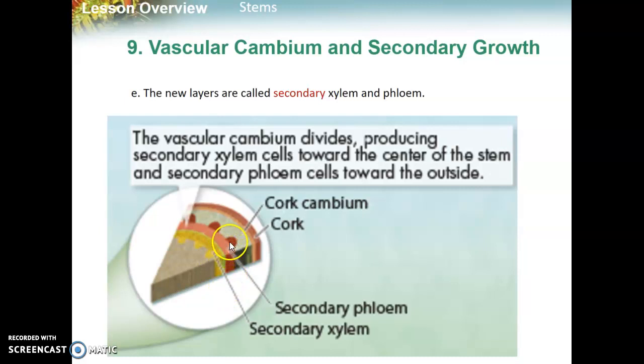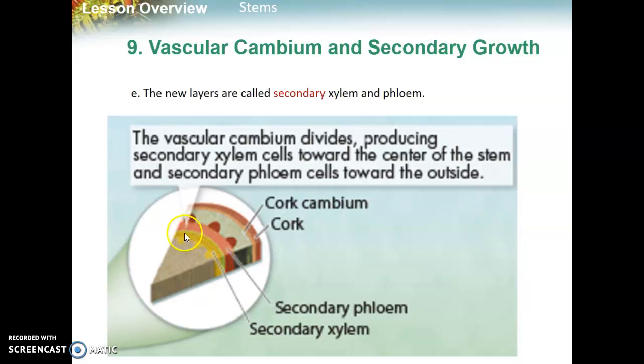And I told you that these first 3 little bumps are what's called the primary phloem, the first phloem cells made. And these 3 bumps on the inside are the primary xylem, the first layer of xylem cells made. Then as the plant continues to grow, more and more layers of xylem are made on the inside.